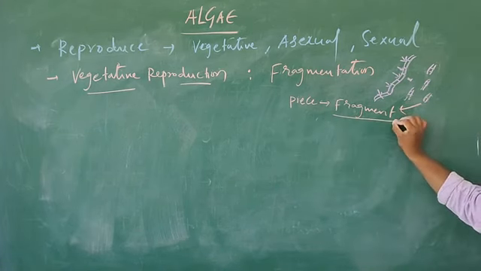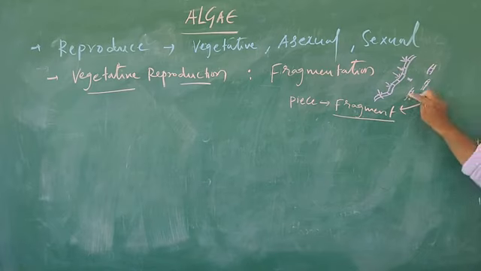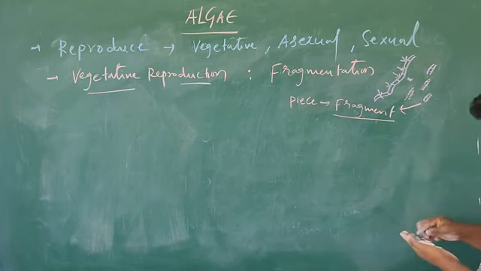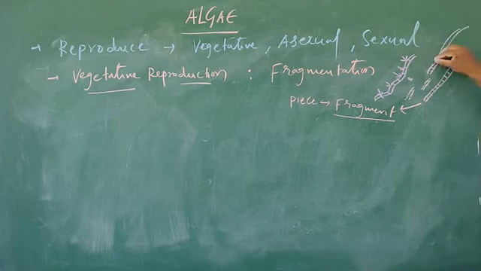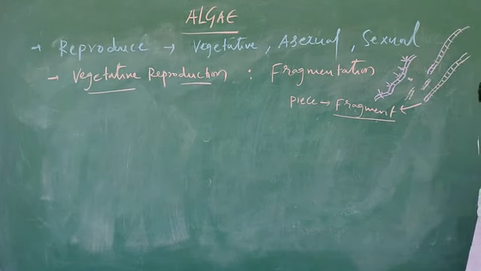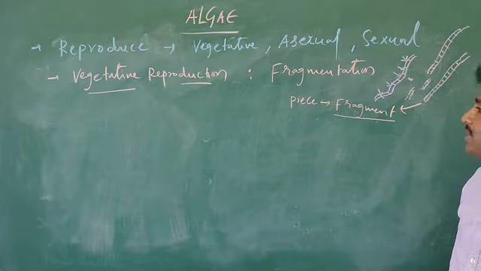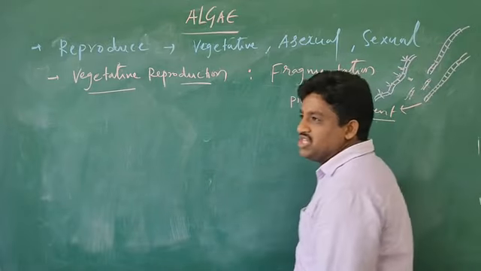Each fragment grows into a new individual. New individual means a new Spirogyra, a new organism. That's why we call it fragmentation.